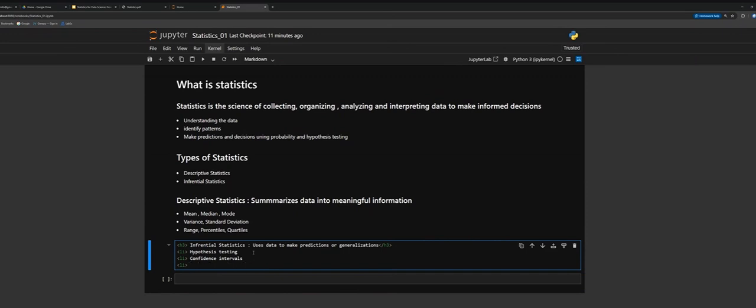And the other one is correlation or regression. If you remember, I've already shown you the basics of correlation when we were doing pandas and all.